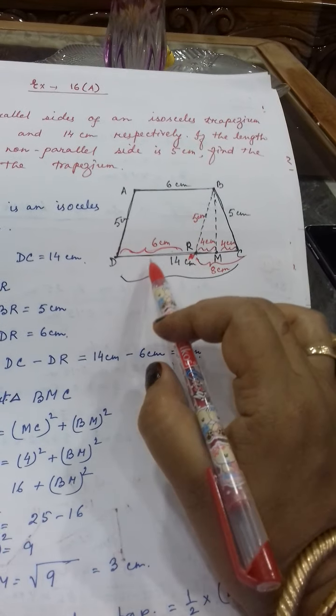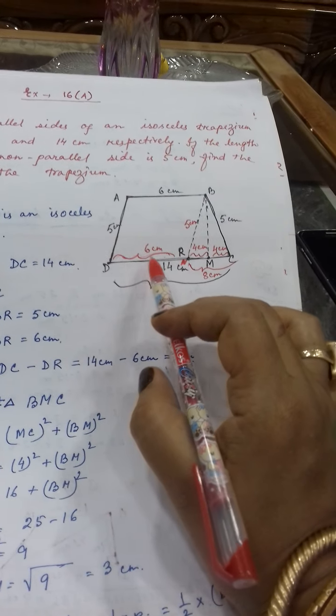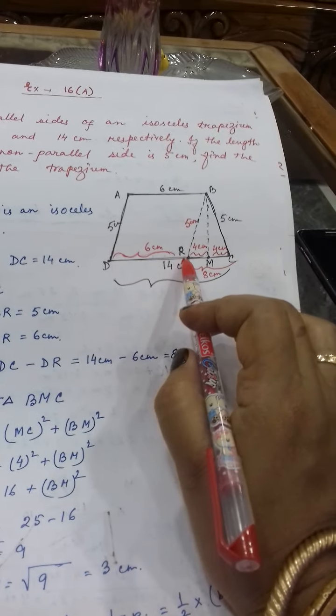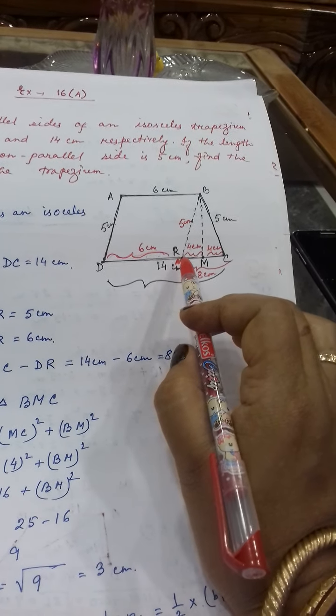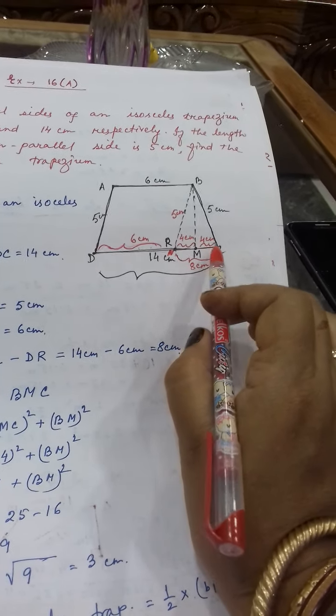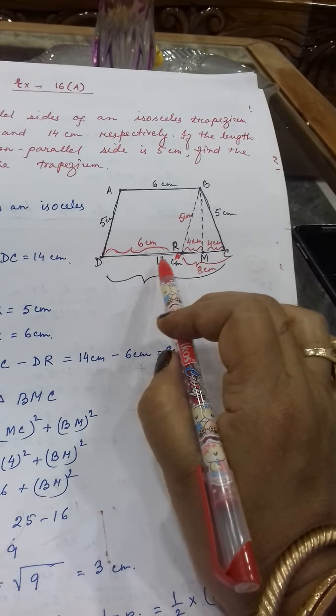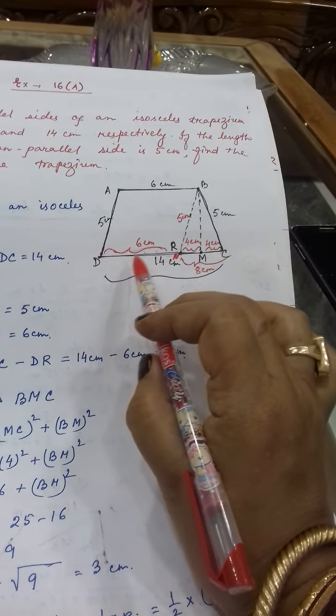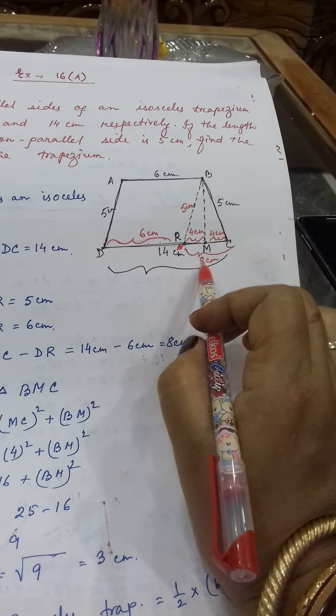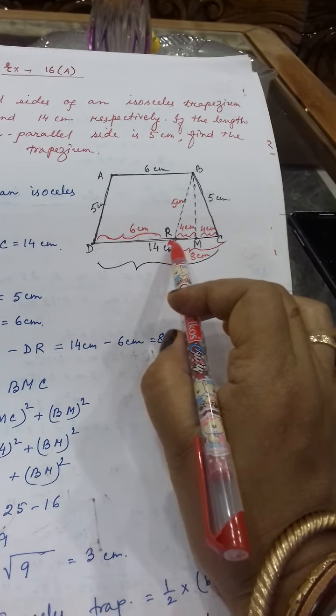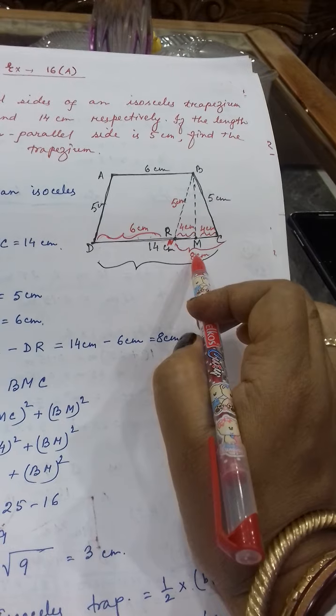Understood? Because opposite sides are parallel and equal. Now if DR is 6 centimeter, then what will be RC? RC will be DC minus DR. That means 14 minus 6, it will be 8 centimeter. That means RC will be 8 centimeter.